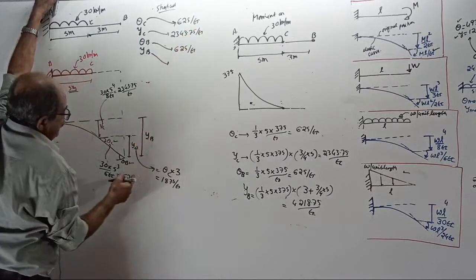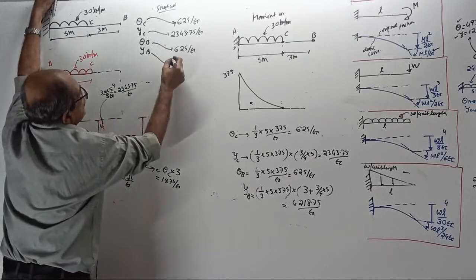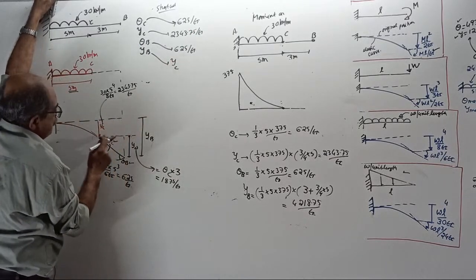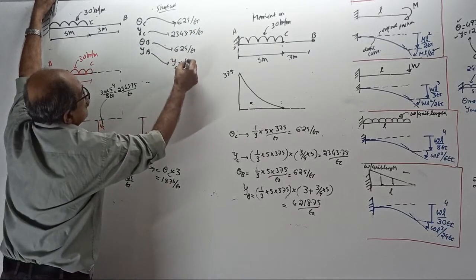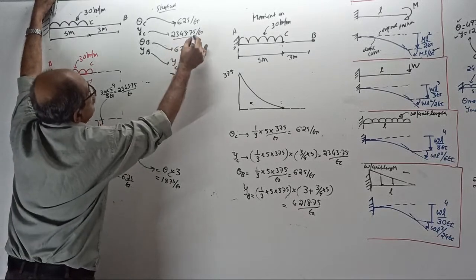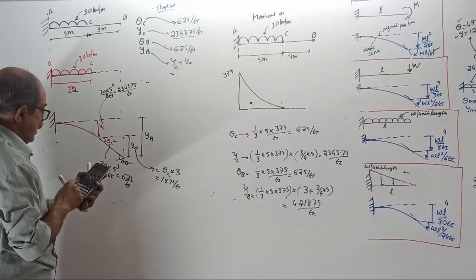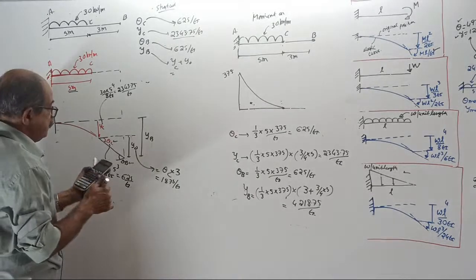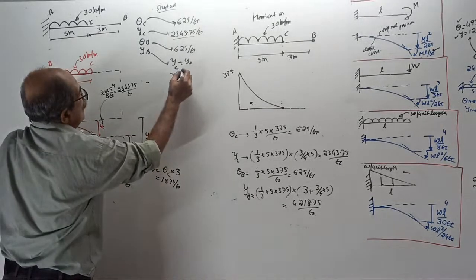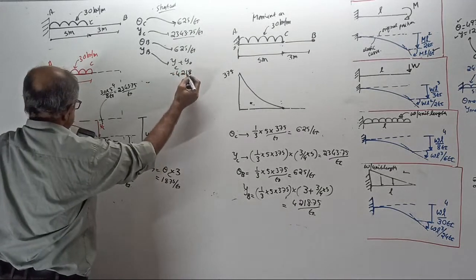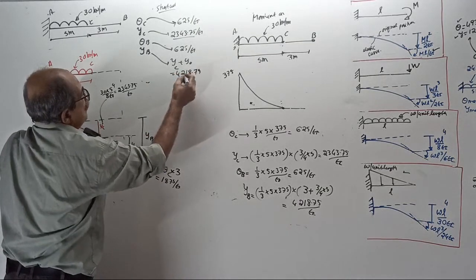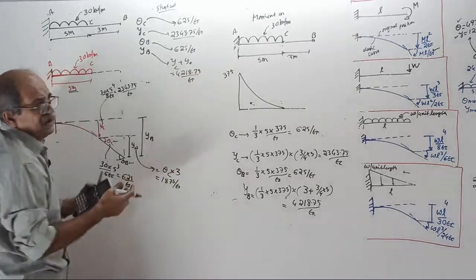Deflection at B is the deflection at C plus the extra deflection Y naught. So to 2343.75, add 1875, which gives 4218.75 by EI.